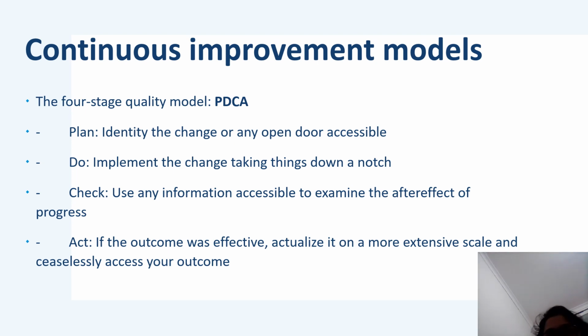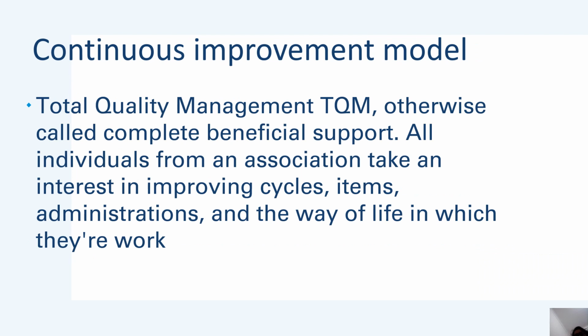And the second continuous improvement model is TQM, which is also known as total quality management. In this model, all individuals from the organization take an interest in how they could improve the cycle, how they could improve the items and services, and how they can change the way they work in an organization.